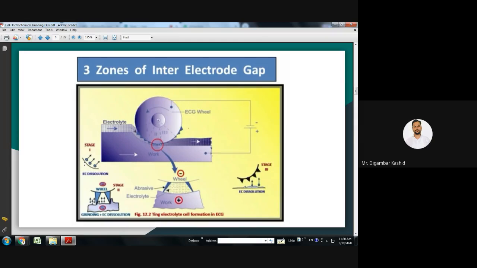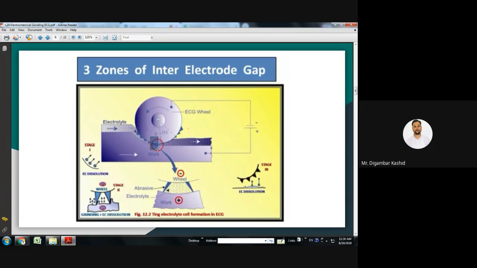Then the electrolyte will be forced into the gap in stage number 2, or zone number 2 here. That electrolyte is forced into the interelectrode gap in zone number 2 by the rotational motion of your wheel.